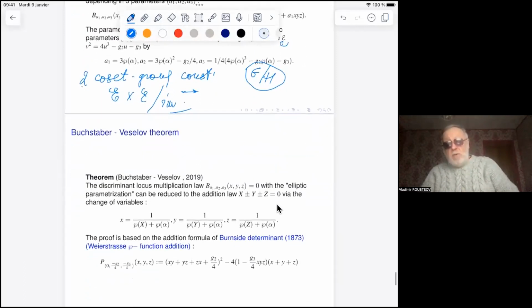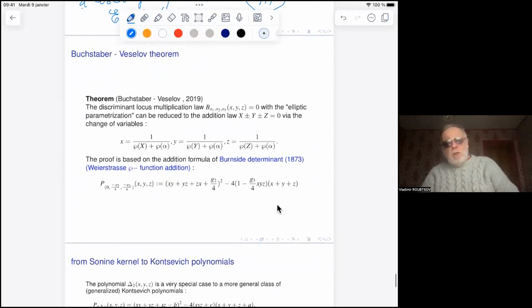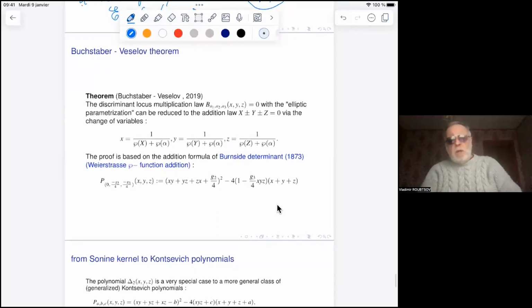And only very recently, in 2019, Buchstaber and Sasha Veselov proved the following beautiful theorem. They said that if we have this polynomial with A1, A2, A3 defining the multiplication, then we have a locus where the polynomial equals 0.